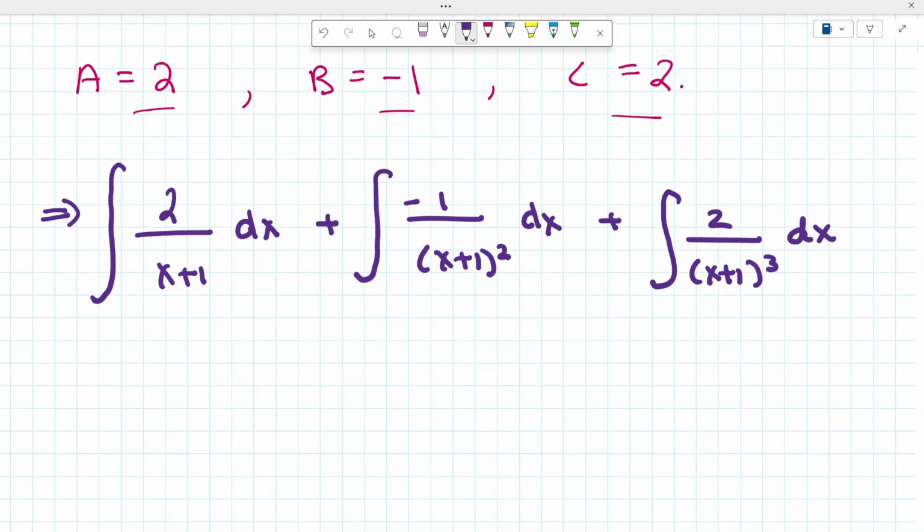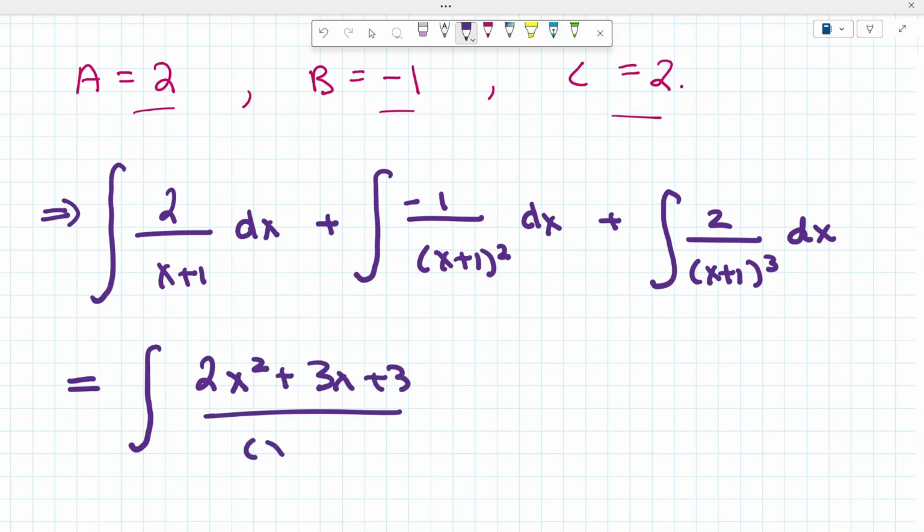Okay, and that is equivalent to what we started with, so this equals the integral of 2x squared plus 3x plus 3 over (x plus 1) all cubed dx. So we were able to simplify it into these terms using our partial fraction decomposition.